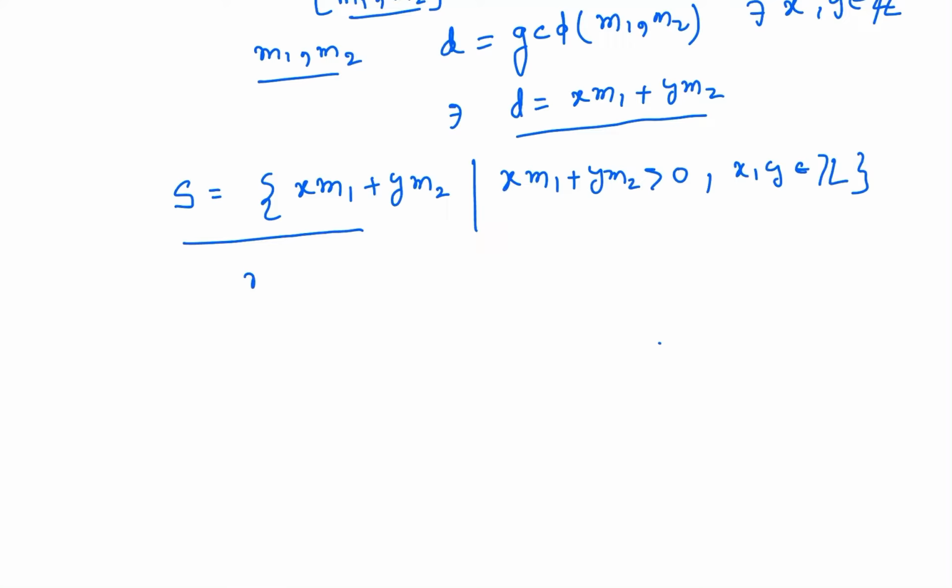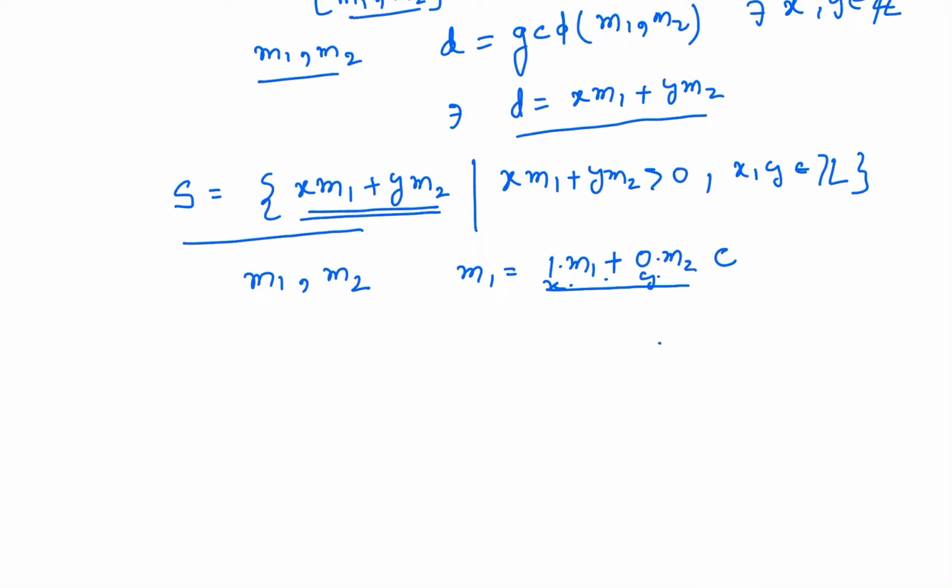Since it is given that m1 and m2 both are positive, m1 can be written as m1 is equal to 1 into m1 plus 0 into m2. That means m1 can be written in this form, x into m1 plus y into m2.